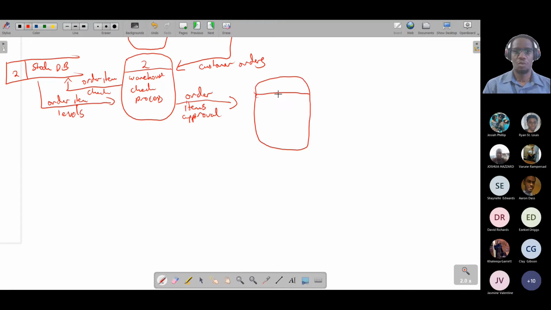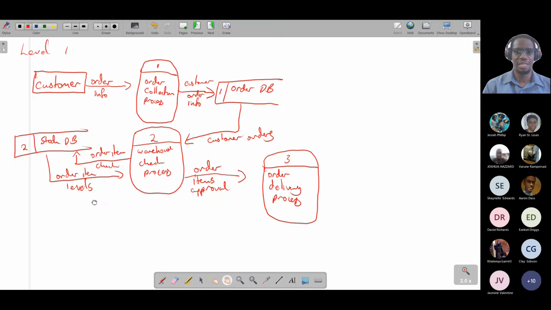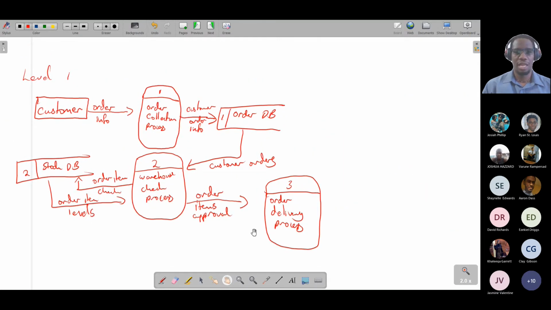Okay, we could now go to order processing and delivery process, right? Or let's just call it order delivery process. Order delivery process. Okay, so our order delivery process is going to prepare the delivery information and send that delivery information back to the customer, right? So this is our delivery info.